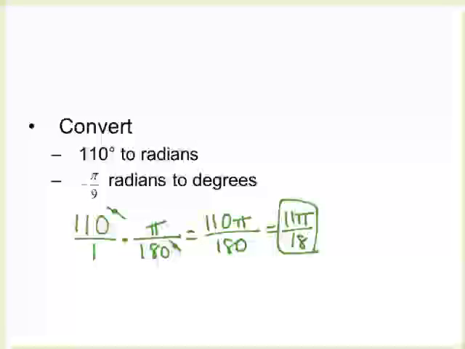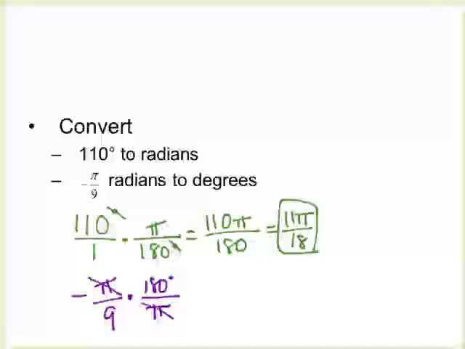For the second example, begin with what they give you, which is already a fraction, so I don't have to make it into a fraction. So I'm always going to multiply by 180 and pi, and I set it up so that what I'm given cancels. So in this one, I'm going to put pi on the bottom, which puts 180 on the top.